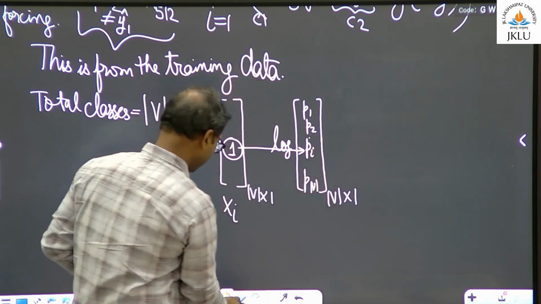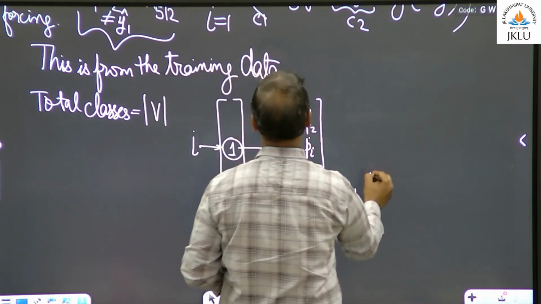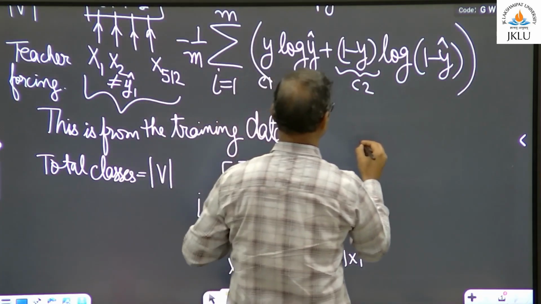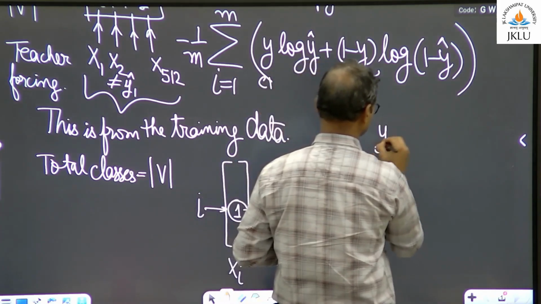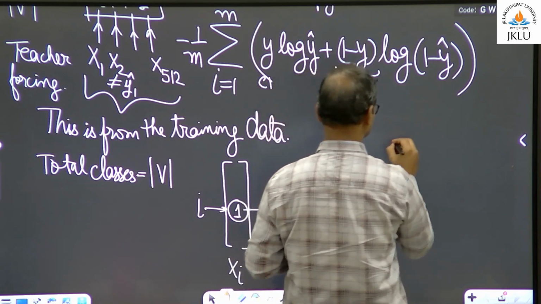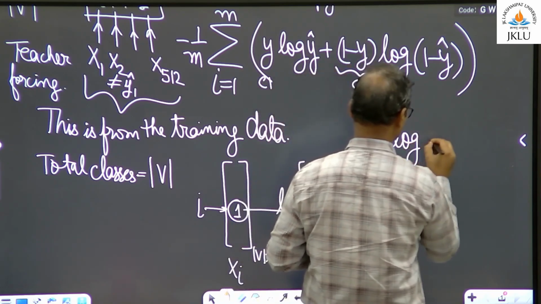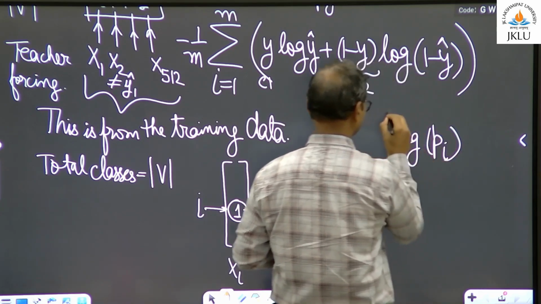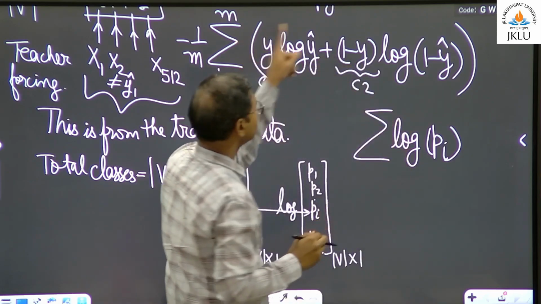So, basically I am rewriting that same equation above. What I will be writing here is something like log pi, because all these terms will be 0.